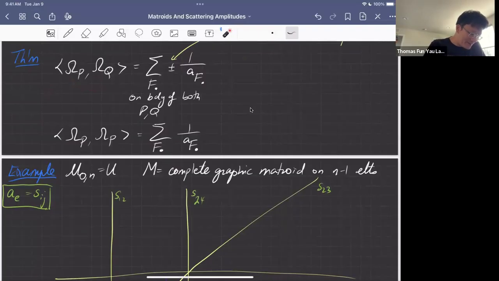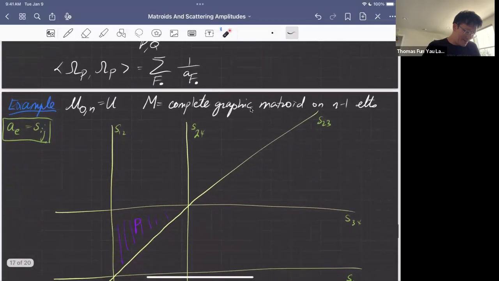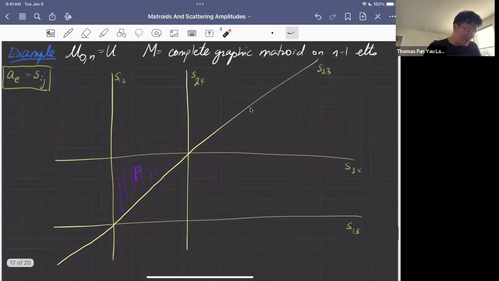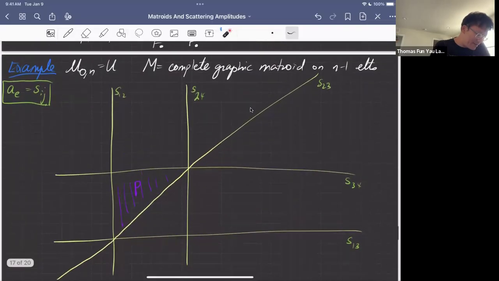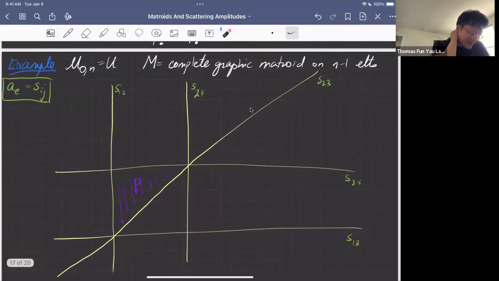I'm going to give the example only in the case where I pair a tope with itself, in the case M0n, the configuration space case.